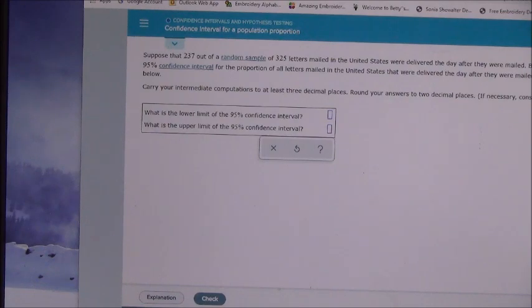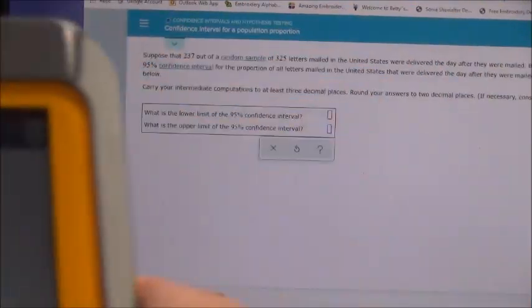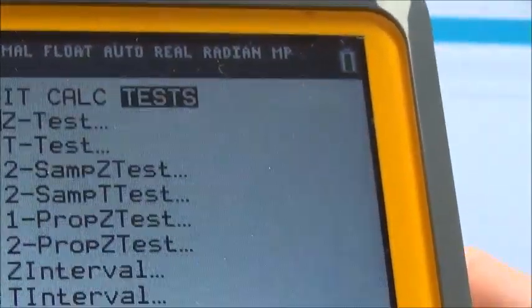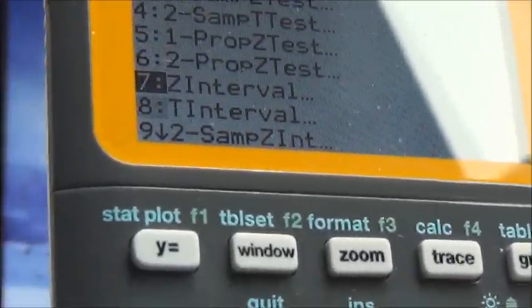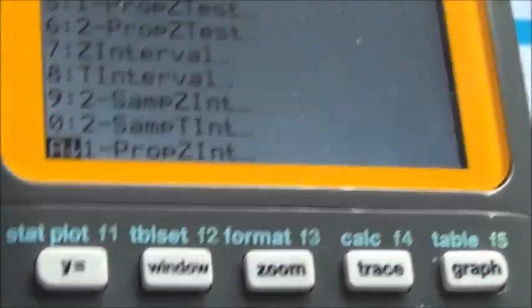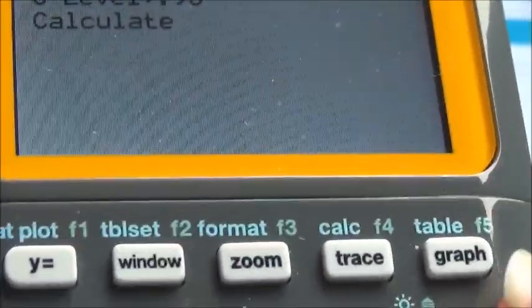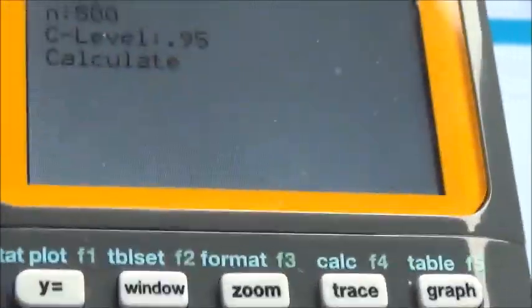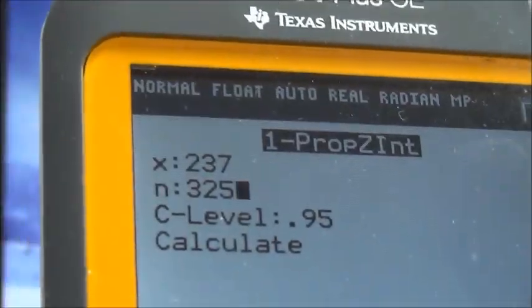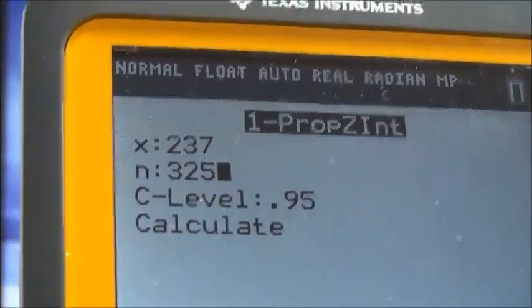So I am again going to hit my stat button. I'm going to go over to tests. I'm going to scroll down to A, which is my proportion Z interval. On this one, 237 out of 325. So X is 237, N is 325.